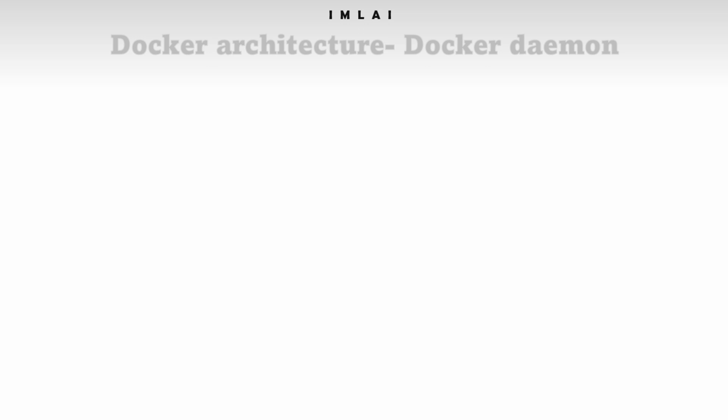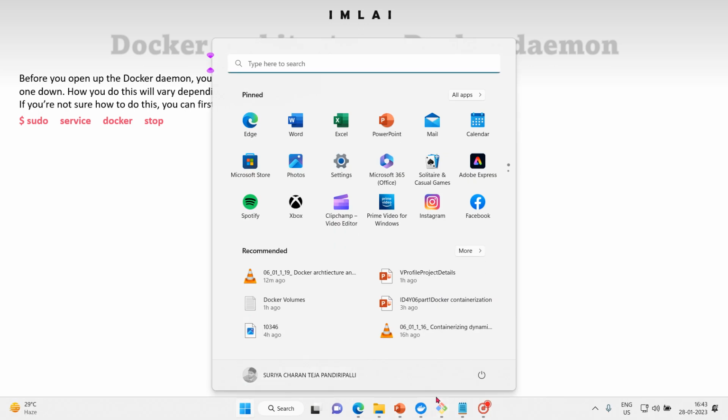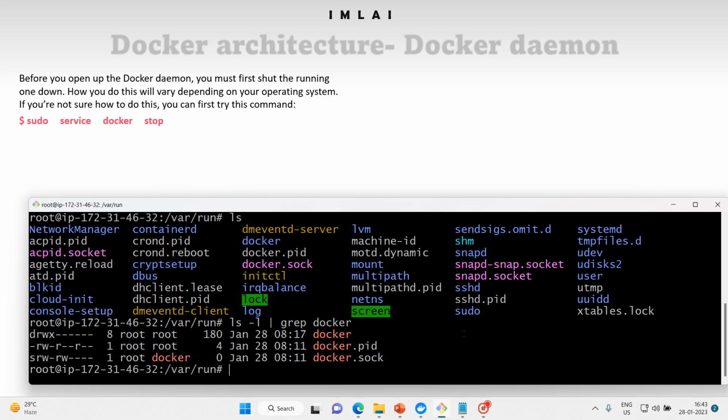So before you open up the Docker daemon, you must first shut the running one down. How you do this will vary depending on your operating system. If you are not sure how to do this, you can use the following commands. So this is how: sudo service docker stop, or systemctl stop docker, either one.